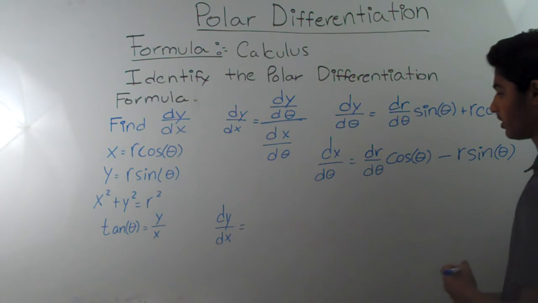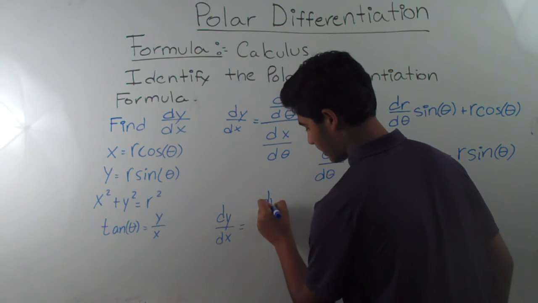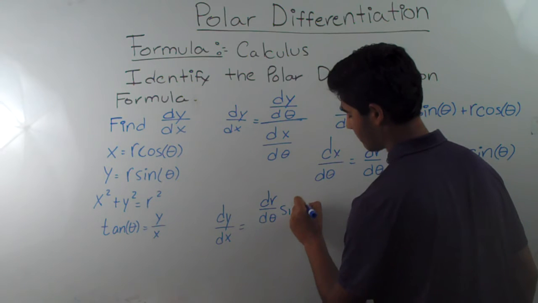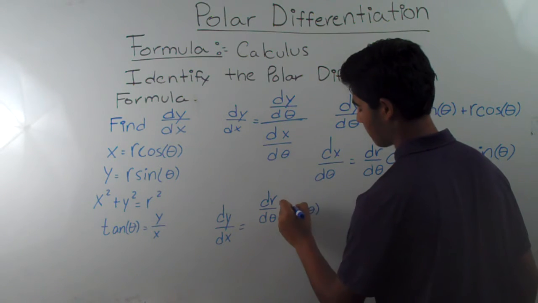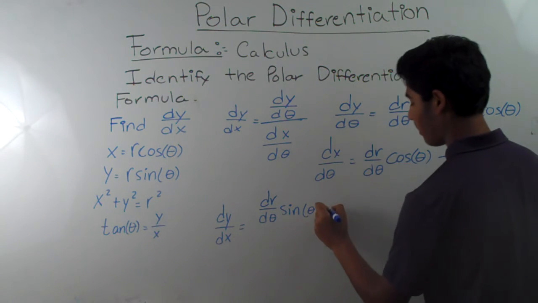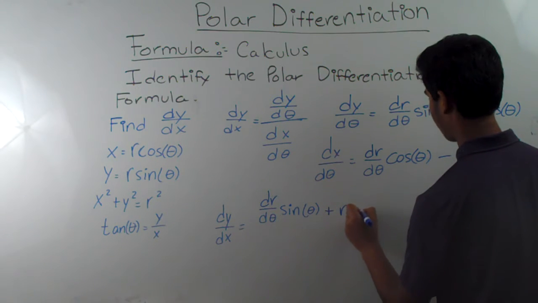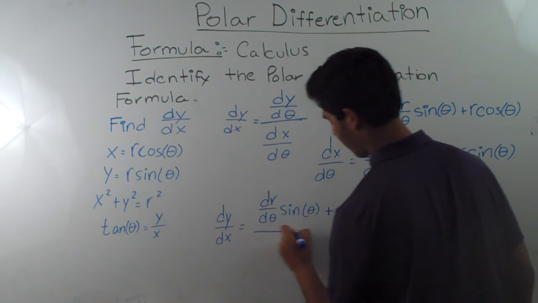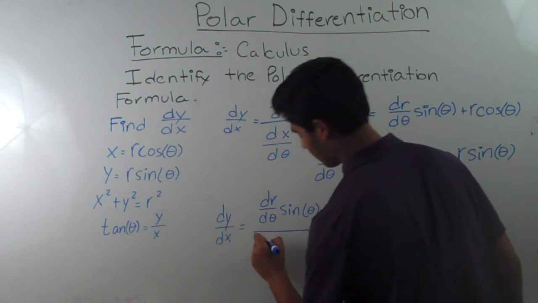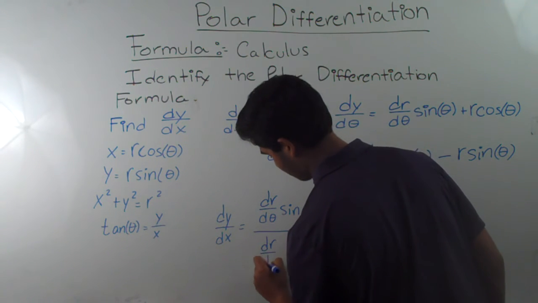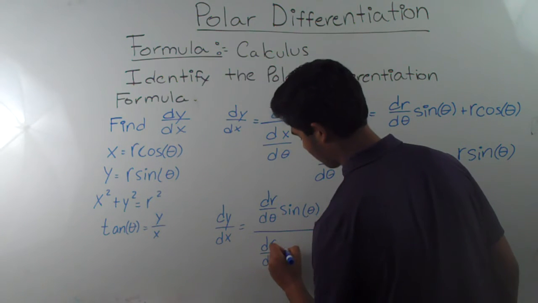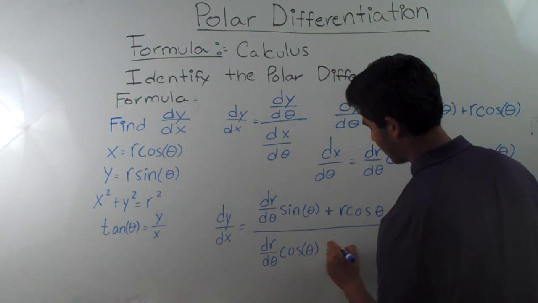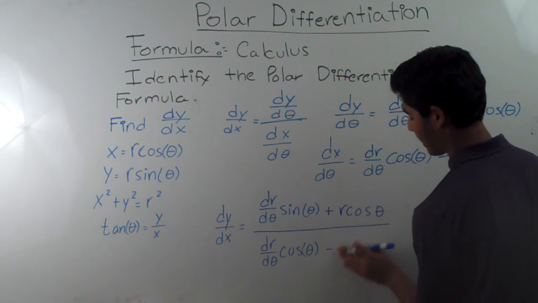So this is equal to dr/d theta times sine of theta plus r cosine of theta, over dr/d theta times cosine of theta minus r sine of theta.